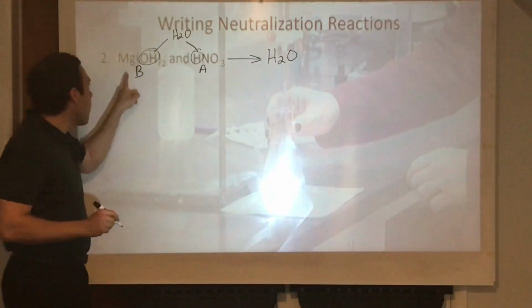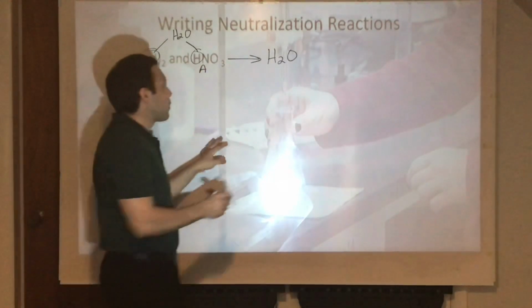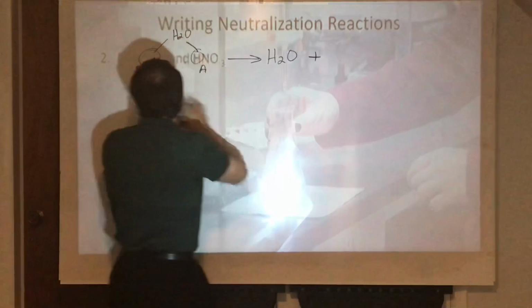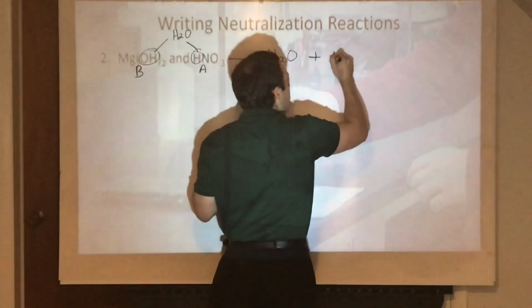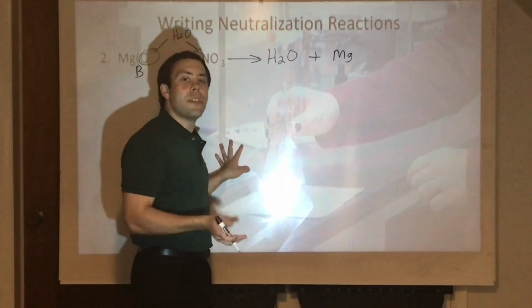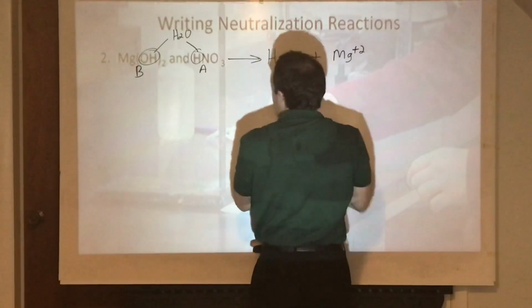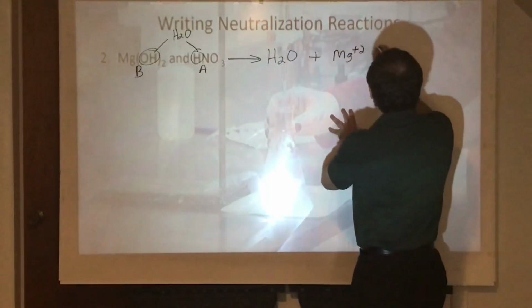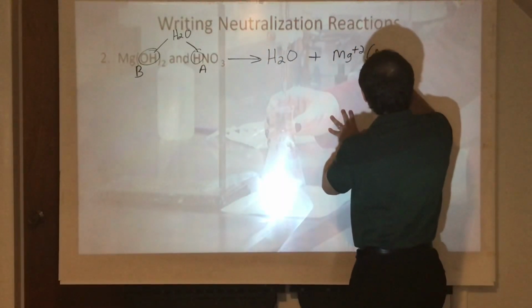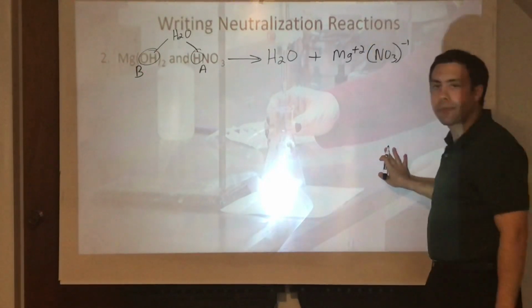plus, let's look what's left. We have magnesium and we have nitrate. Plus, magnesium is the cation, so it comes first. Now magnesium is in group 2 of the periodic table, so it has a charge of plus 2. Whereas nitrate on table E has a charge of minus 1.